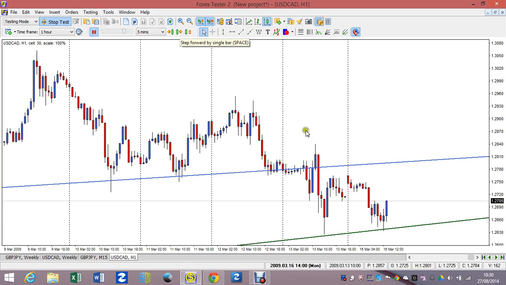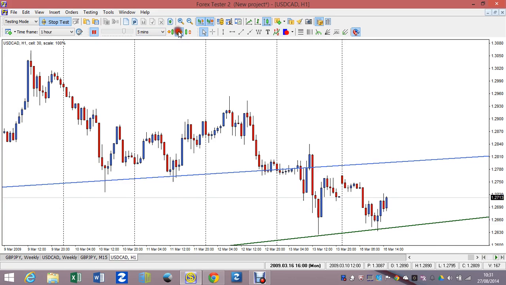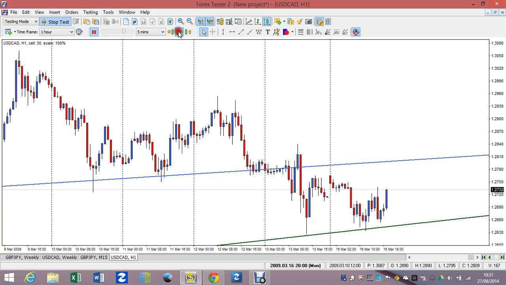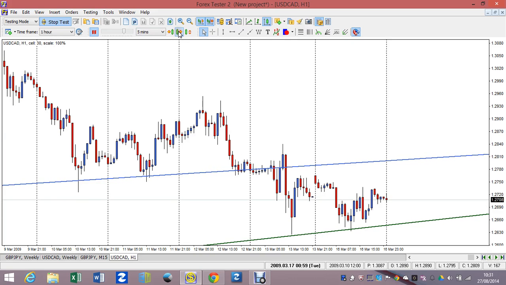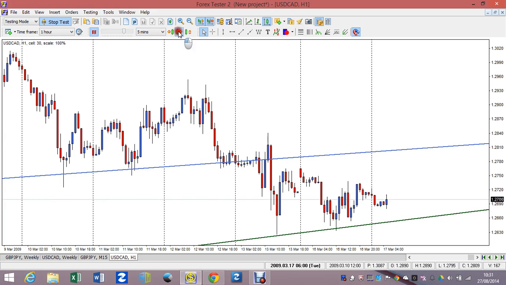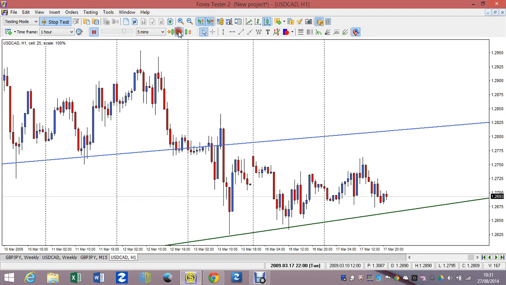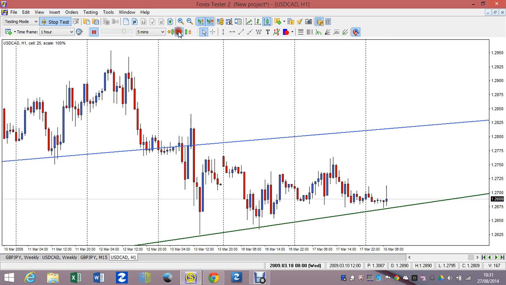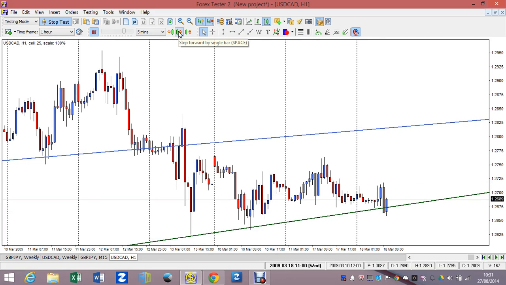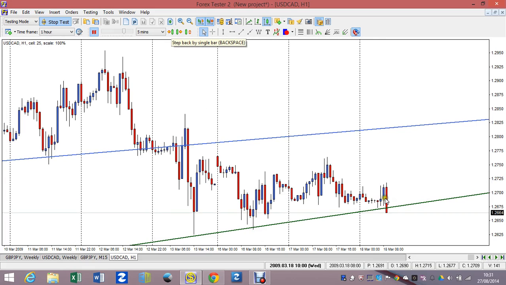Okay, bouncing off the daily trend line. Nothing yet. So here we've broken the daily trend line, albeit not hugely convincingly.